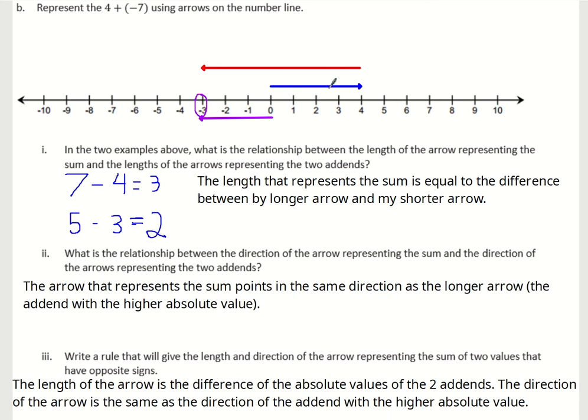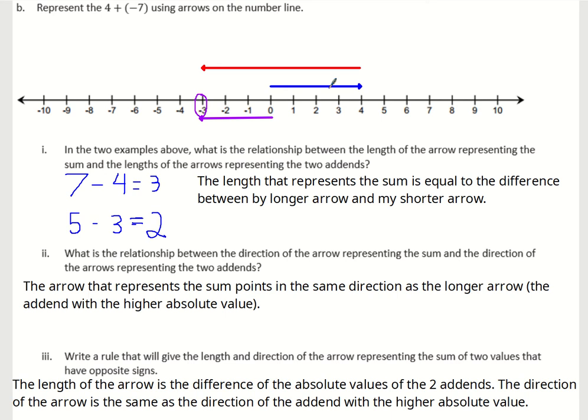The rule says when I am adding together rational numbers with opposite signs, instead of adding together my absolute values, I'm going to subtract the absolute values and use the sign of the integer that has the greater absolute value.